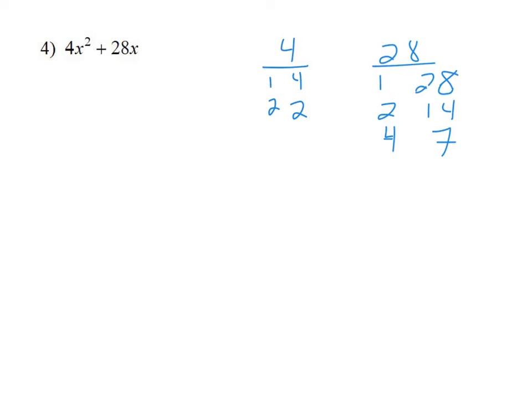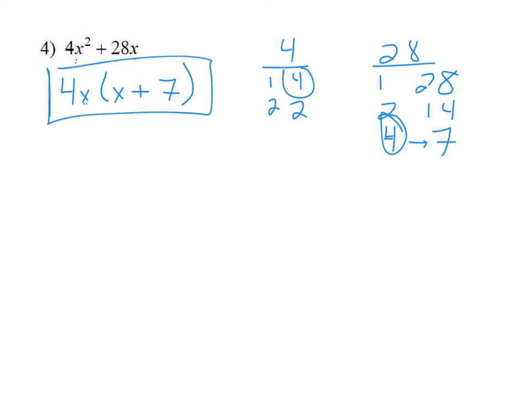So the highest one that they have in common is this 4. And we have x squared and an x. That means they at least have one x in common. So 4x is going to be our greatest common factor. And we're going to have an x left here. And we're going to have a 7 left here. Notice they only had one x, so we took one out. There's none left.